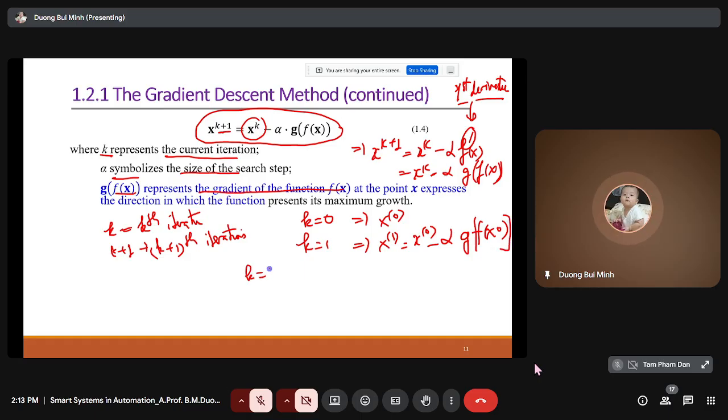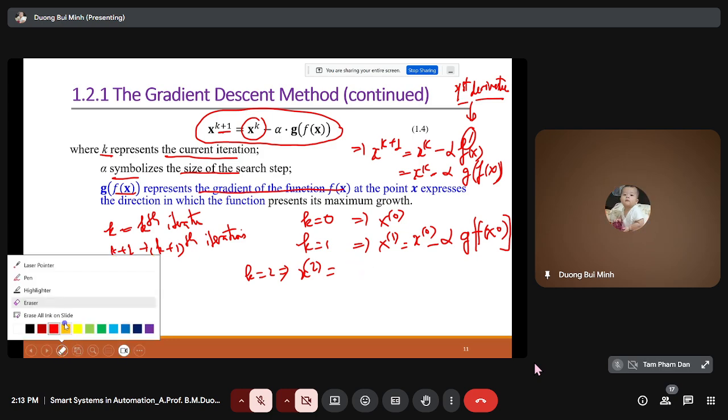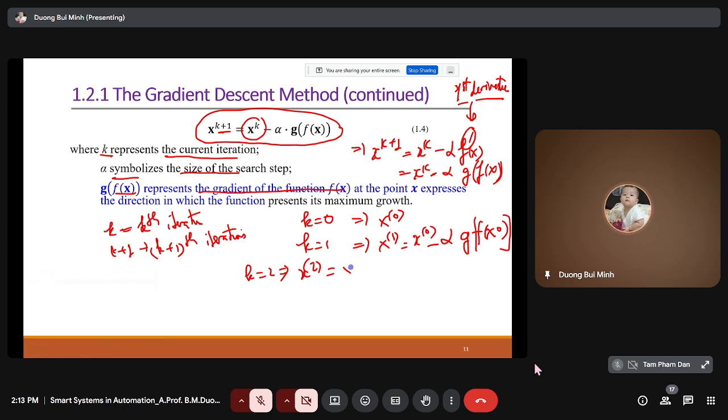And then if k is 2, you get x2 is x1 minus alpha g f(x1), or you can say x1 minus alpha f'(x1).